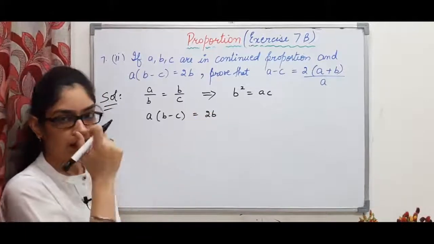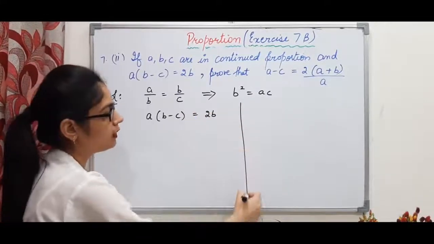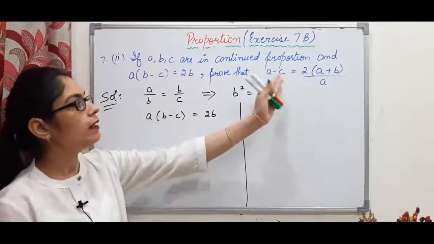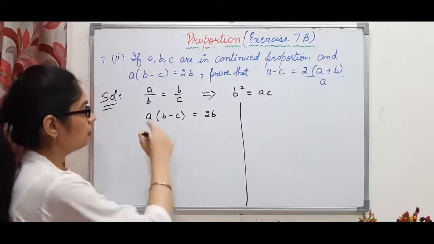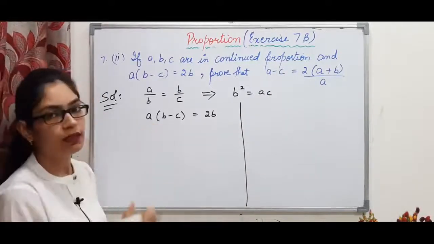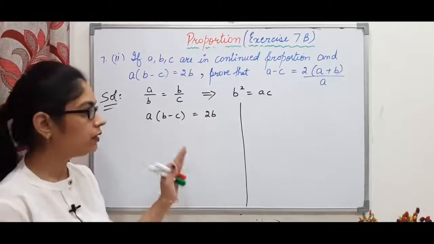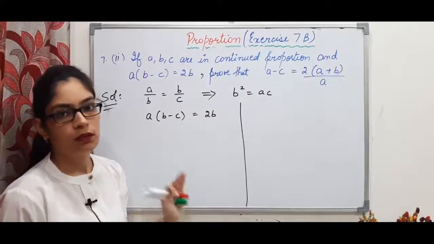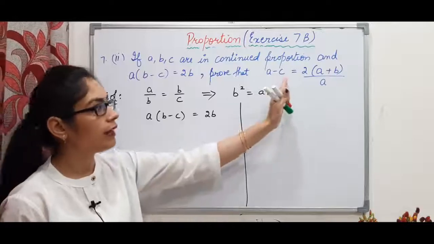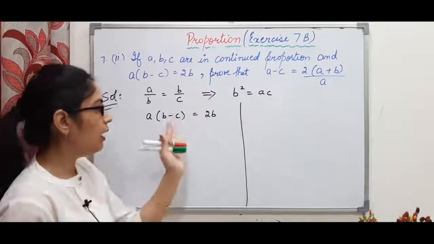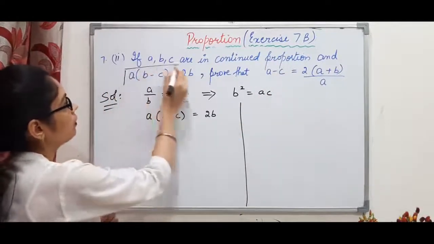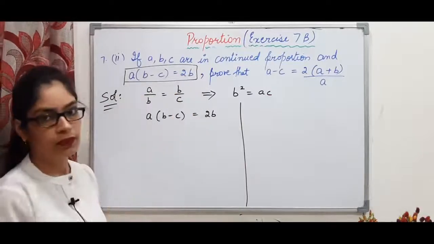This thing first we will solve, so that we can use it while proving. I haven't started solving the right hand side and left hand side, I am just solving the given thing further.